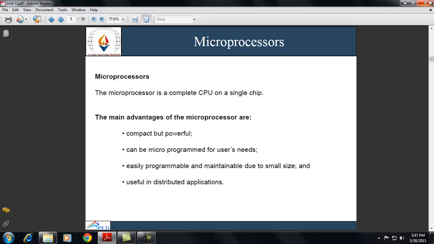It is easily programmable and maintainable due to its small size, and it is useful in distributed applications. And a microprocessor must demonstrate more throughput, more addressing capability, powerful addressing modes, powerful instruction set, faster operation through pipelining, and virtual memory management.